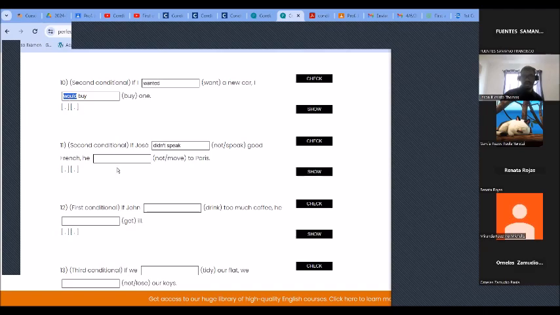Would. And in this sentence, are we expressing probability or ability? Probability. So we would say he wouldn't move. You could also use couldn't move, which would be about ability. Full sentence now: if Jose didn't speak good French, he would move to Paris.